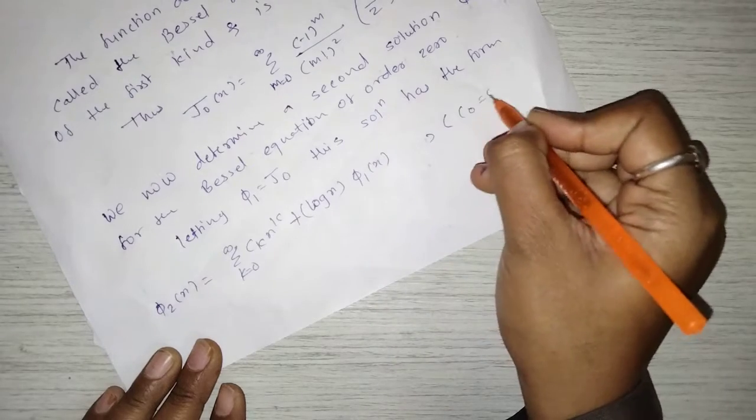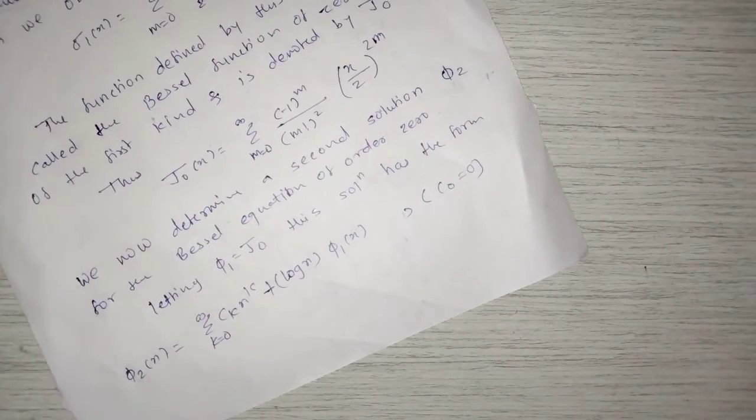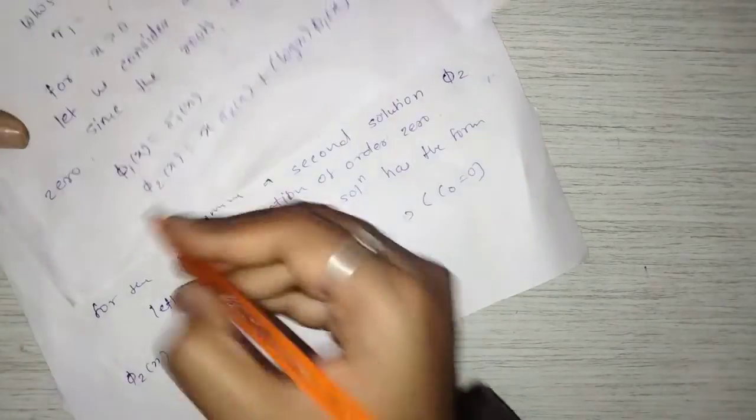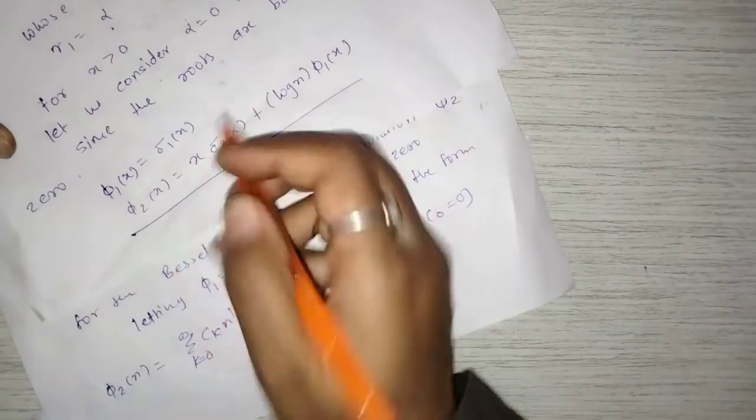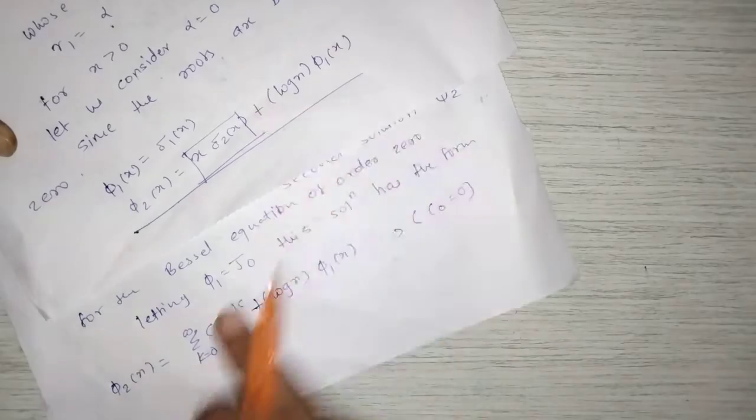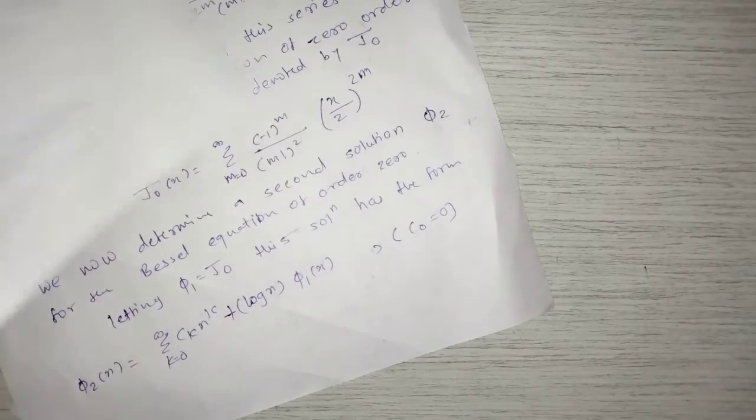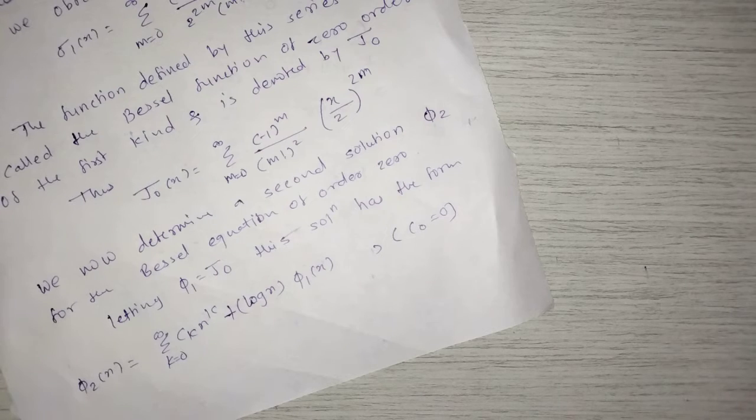Here we take c naught equal to 0. Phi 2 of x has the form like this, and x into sigma 2 of x, we take this series, log x as it is, phi 1 of x as it is.